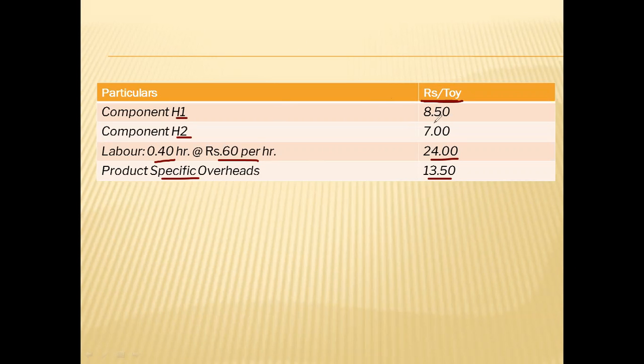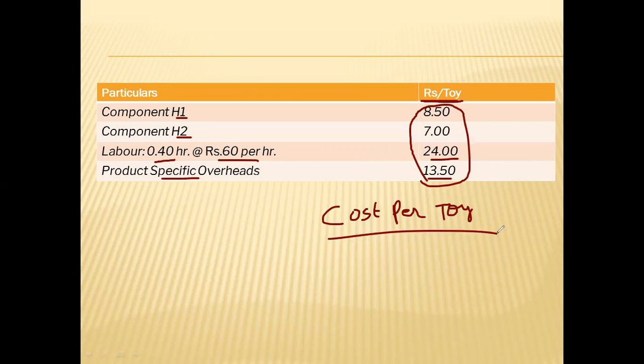So if you add this cost, you will get the cost of producing one toy. This is the cost per toy. If you add this total, you will get the cost per toy. Clear?